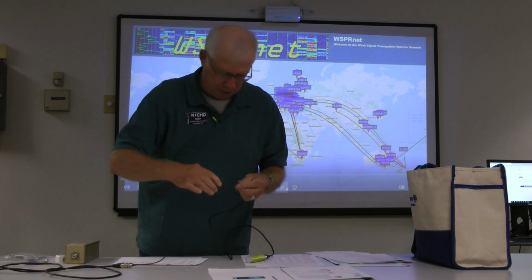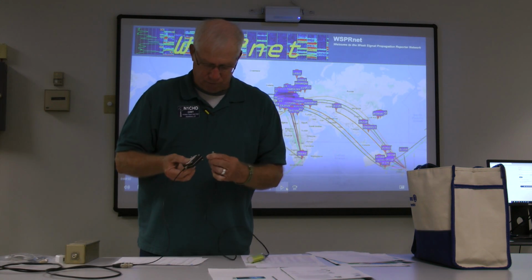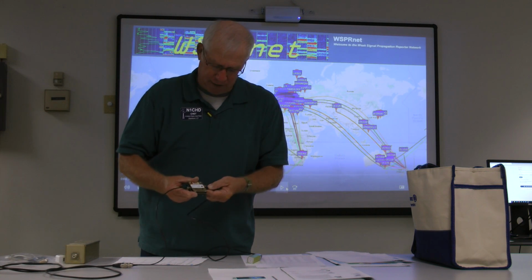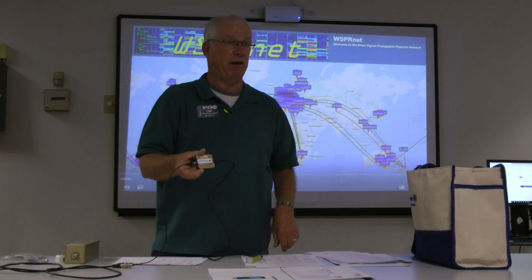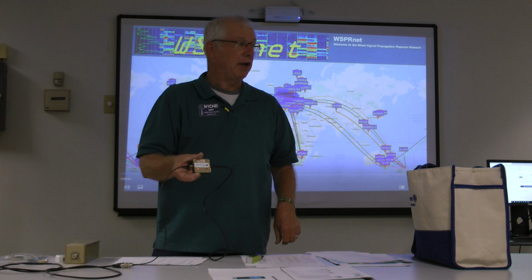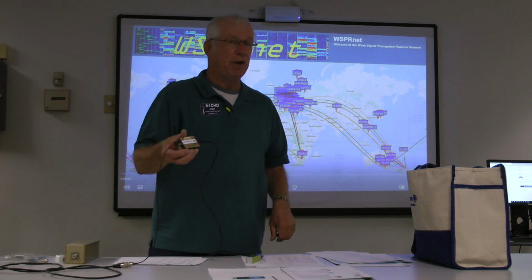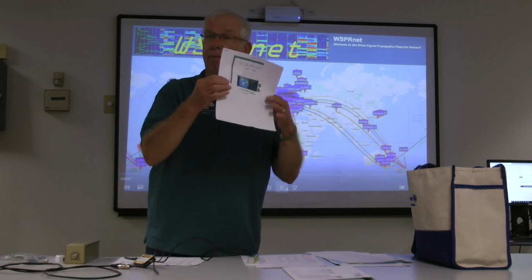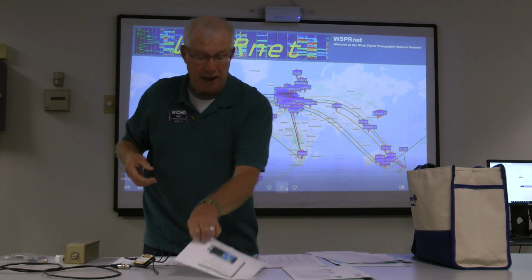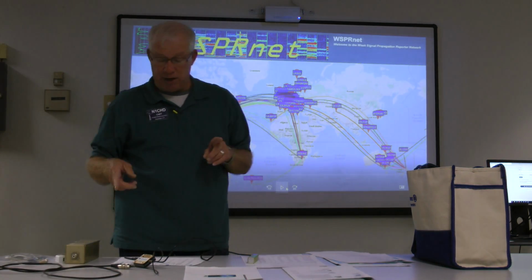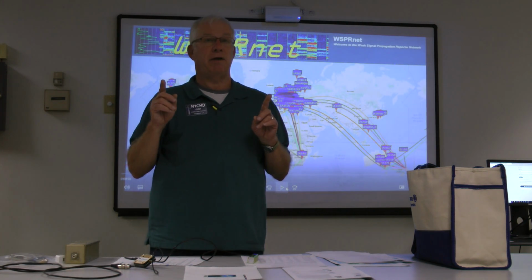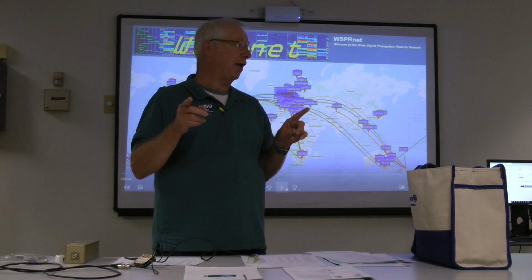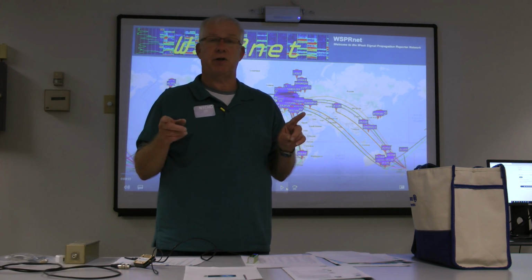Now, first thing I'm going to do is plug this in. When I plug it in, you'll see it start to blink. Normally I would go onto the internet, I would pull this up, and I would engage it on an even minute, because again it cuts down on the interference.